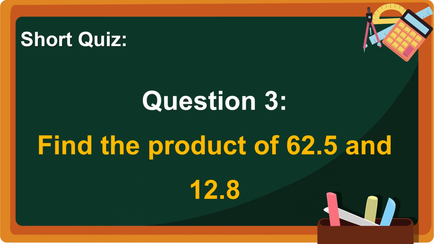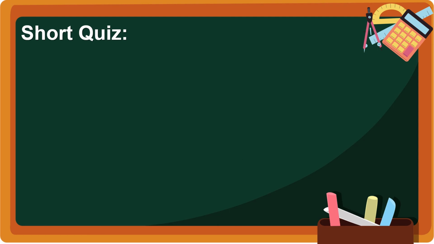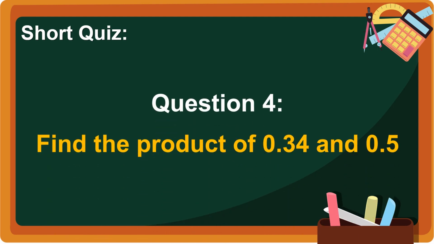Question number 3. Find the product of 62 and 5 tenths and 12 and 8 tenths. You may pause the video while answering. So the answer is 800. Question number 4. Find the product of 34 hundredths and 5 tenths. You may pause the video while answering.